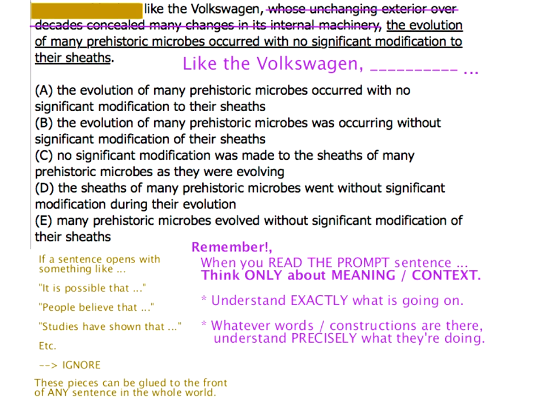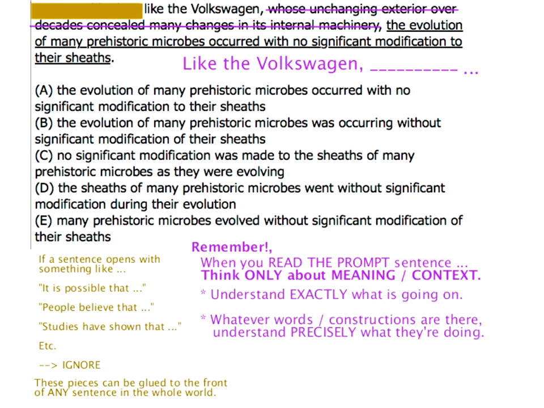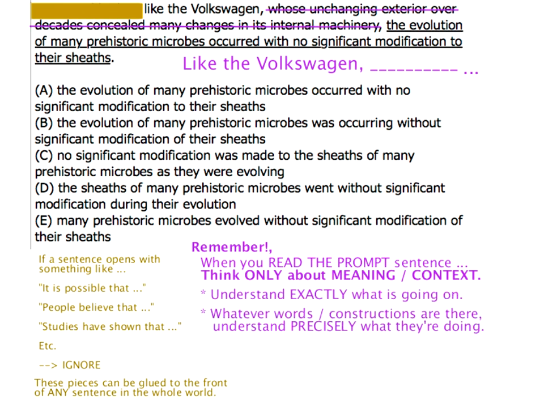So, for instance, when you see this sentence, you should think, okay, comparison. And before you proceed any further with this, you should determine exactly what is being compared to what, which is really just thinking about context. The structure is not going to reveal that to you. It's going to be like, let me just use common sense here and see what they're telling me. So the question is exactly what is compared.